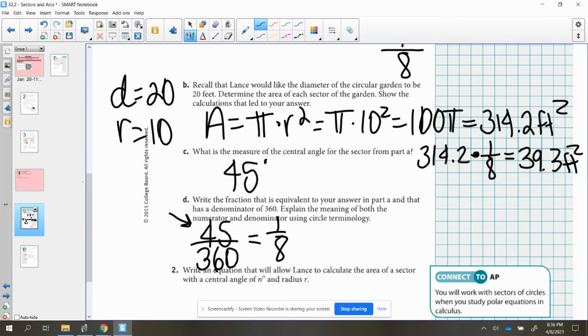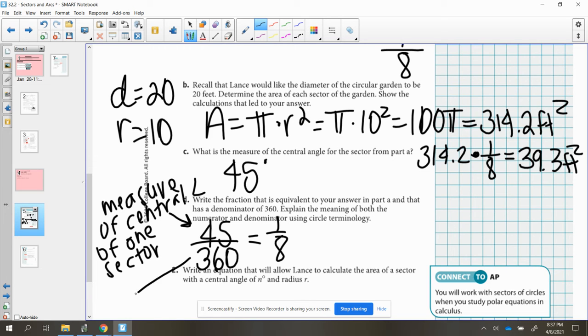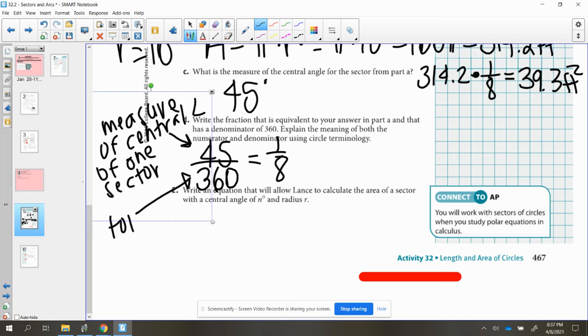And again, this is the measure of the central angle of one sector, and we know that 360 represents the total degrees in our circle. So there's that relationship between them.